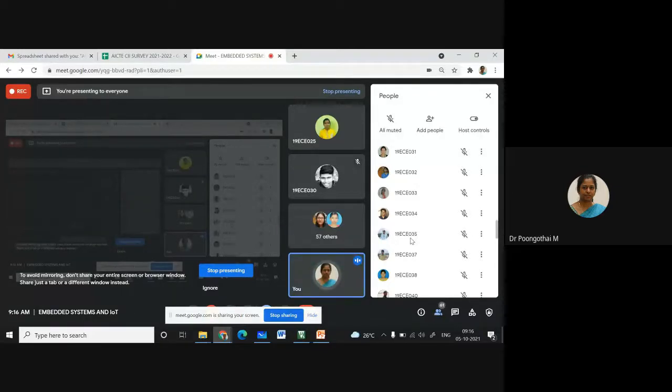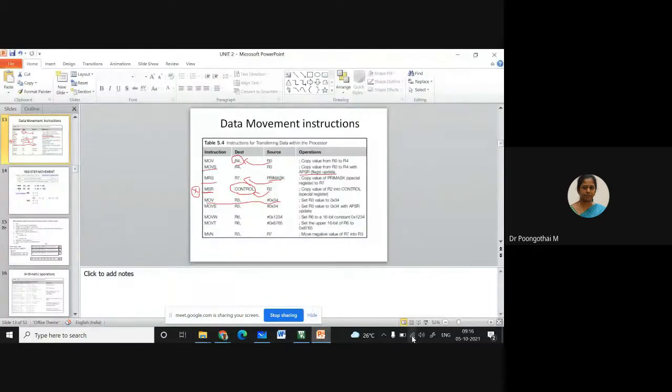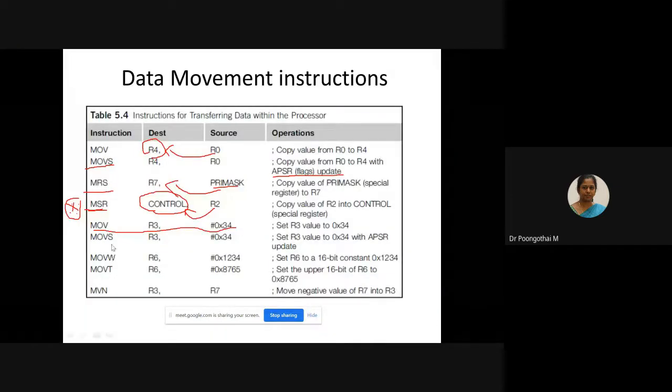Roll number 35. Yes, okay. Tell me the answer. So what is the answer for this? What is the purpose of this instruction? Kindly unmute your mic.